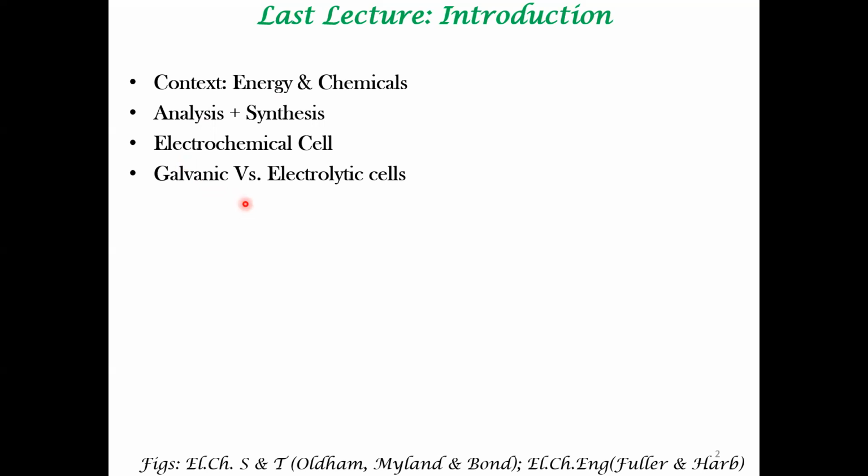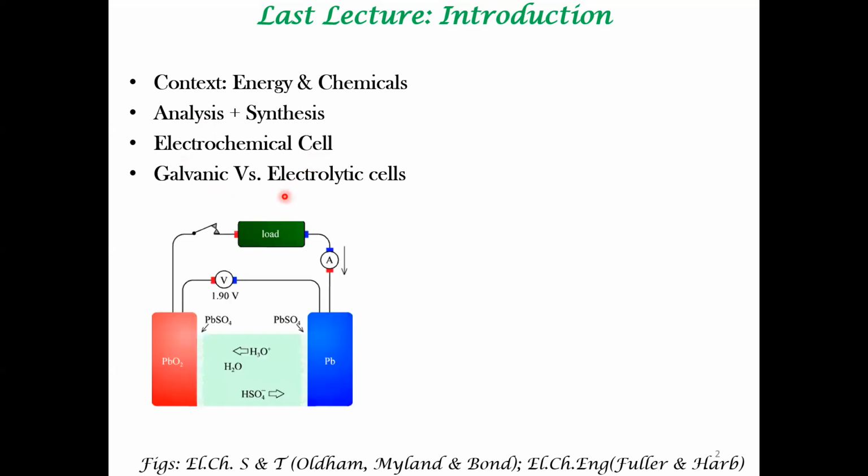That plays a crucial role and helps in understanding why electrochemical cells are not limited by Carnot efficiency and so on. So we'll get into these topics gradually as we progress in this course.